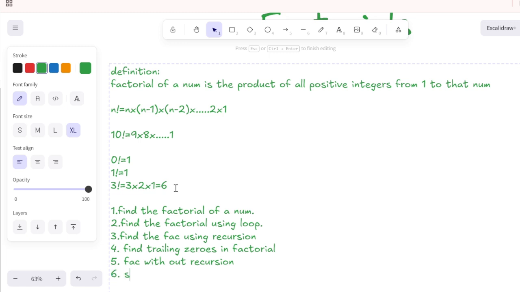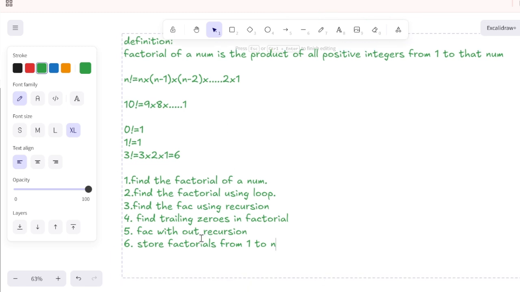Sixth one, store factorials from 1 to n. So these are the basic questions which are asked inside the factorial. We'll learn its steps, the logic, the code with explanation, and I would also like to dry run this time. So let's get started with the first question.